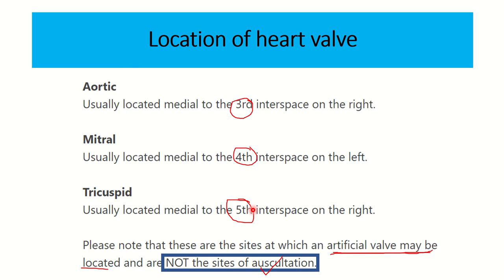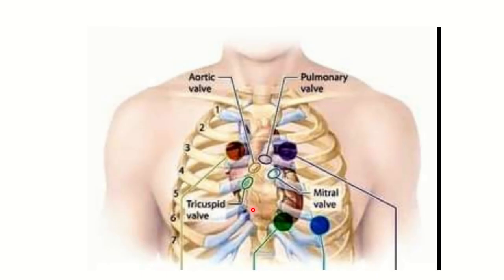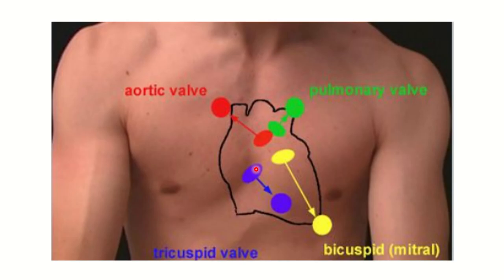So this anatomical location is very important, and the auscultatory location is also very important, and we have to be very careful while reading the question, whether the location is the anatomical location or the auscultatory location. So we have to read the question very carefully. Here we can see the anatomical location of the valves, usually very close to the sternum in this picture.